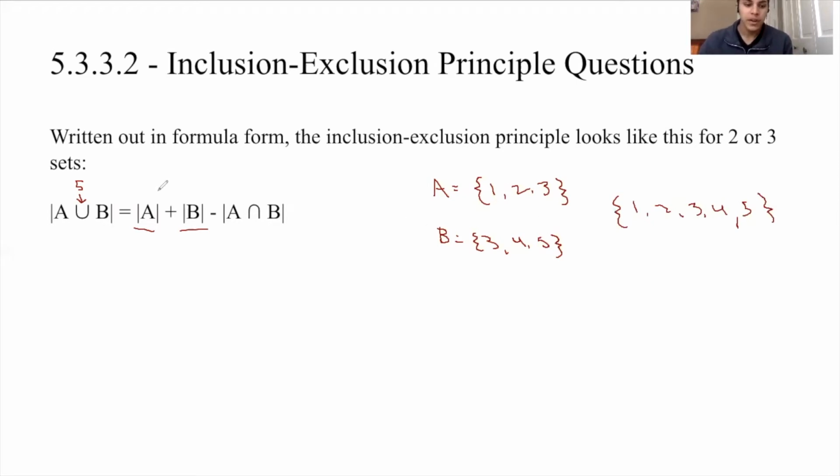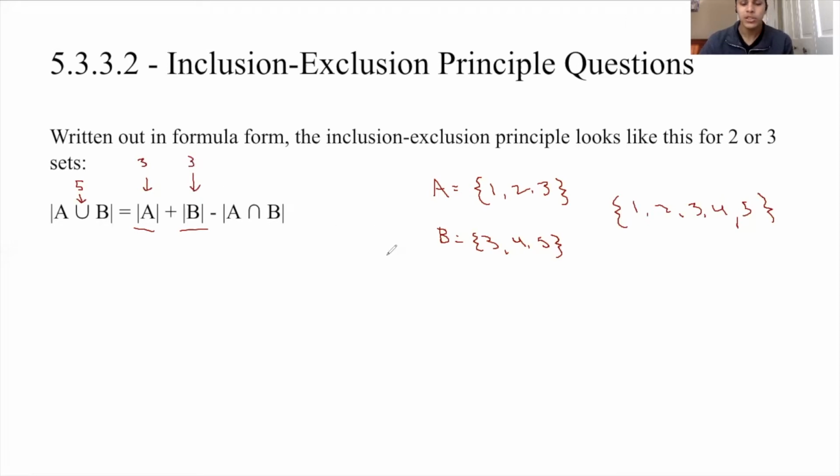So if we're to find the amount of numbers in just set A, well, there are 3 of them. We have the numbers 1, 2, and 3. So there are 3 numbers here. If we were to find the amount of numbers in set B, well, there are also 3 of them. There's the numbers 3, 4, and 5, right? So this also has 3 numbers.